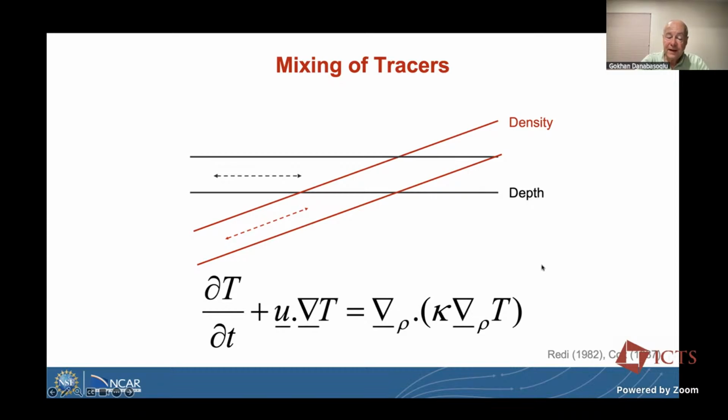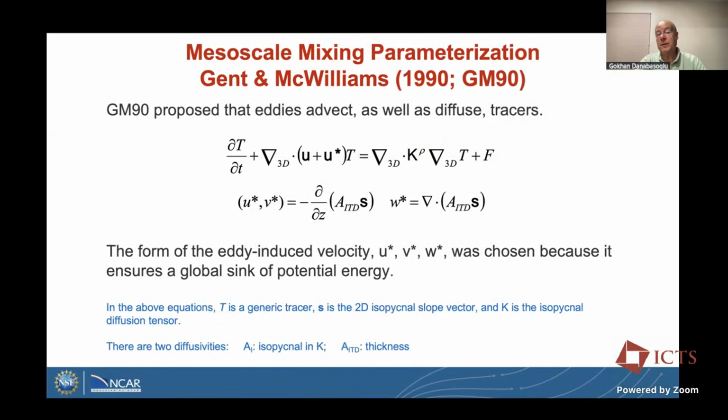However, this is not the only impact of mesoscale eddies. This was recognized in 1990, and the Gent-McWilliams parameterization was introduced. It's usually referred to as GM90. Peter Gent and Jim McWilliams proposed that eddies also advect tracers, in addition to their diffusive effect.